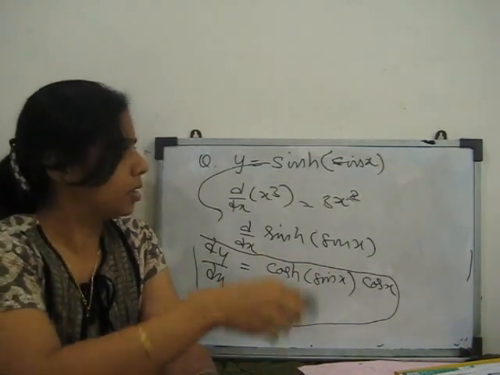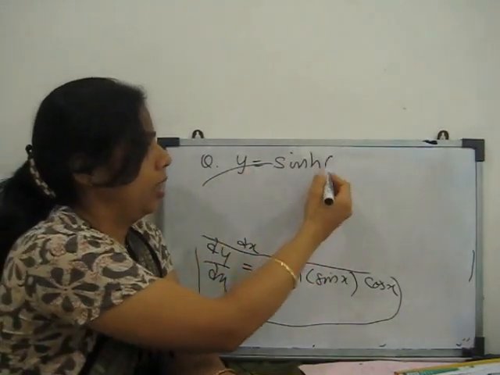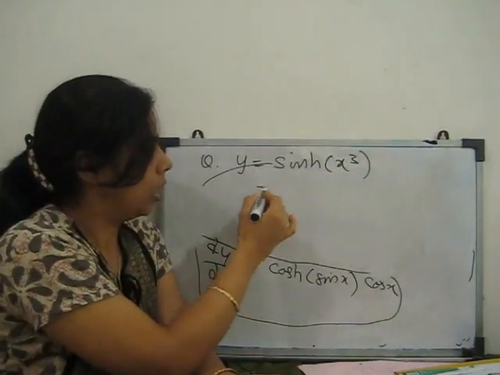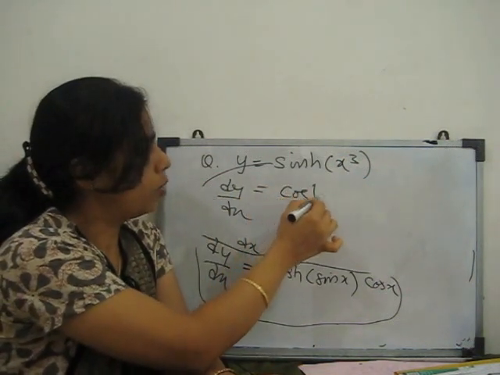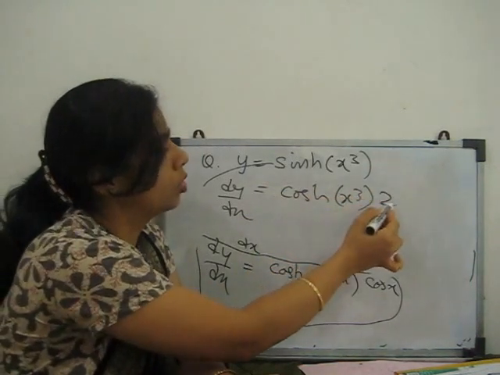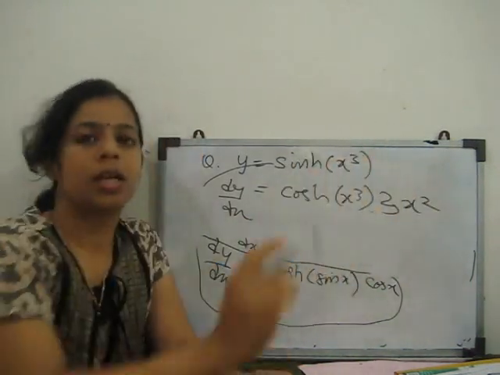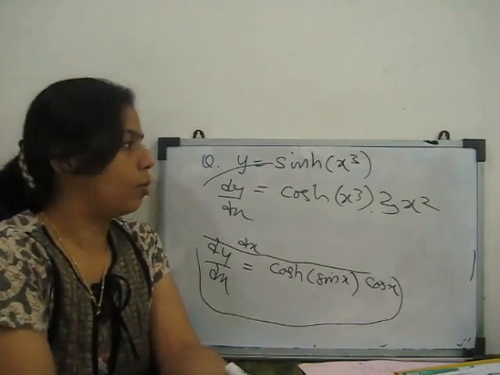Some more examples. If you have sine hyperbolic of x cube, then dy by dx is cos hyperbolic x cube, and the derivative of x cube is 3x square. So differentiation is similar to a simple trigonometric function.